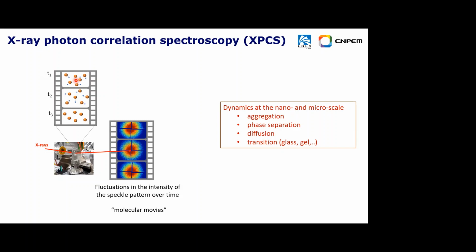Then if I do the same 1 millisecond later, I will have another configuration, and so on. And we can get information about the dynamics of the sample. So it's like making a molecular movie. Using this technique, we can probe dynamics at the nano and micro scale: degradation, phase separation, transitions.